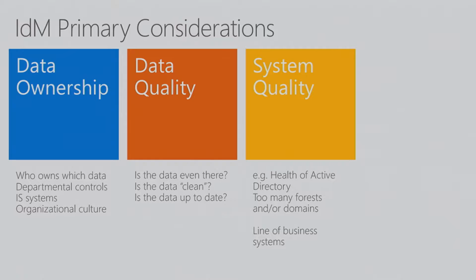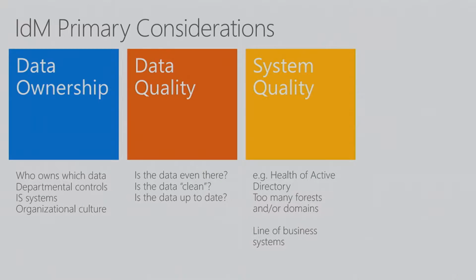Then you've got the system quality, so the health of the systems that store identity information. Health of Active Directory: there's been a massive step change in terms of guidance of how large Active Directory should be deployed, but we still suffer the consequences of the age-old guidance of lots of organically grown Active Directories that perhaps originally were NT4 resource domains.